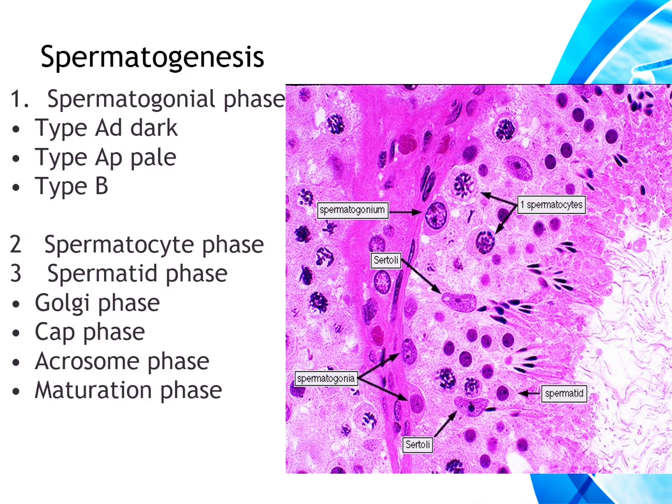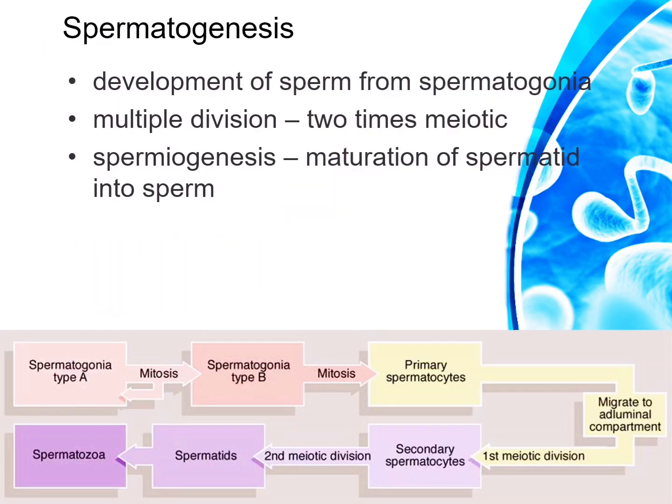So spermatogenesis is the development of sperm from spermatogonia through multiple divisions, two meiotic divisions, meiosis first and meiosis second, and spermiogenesis is the maturation of the spermatid into sperm. So what happens? The type A spermatogonia divide mitotically, and some of them maintain the pool of type A spermatogonia, and some of them become type B spermatogonia.